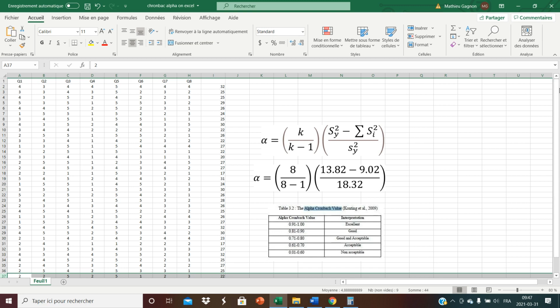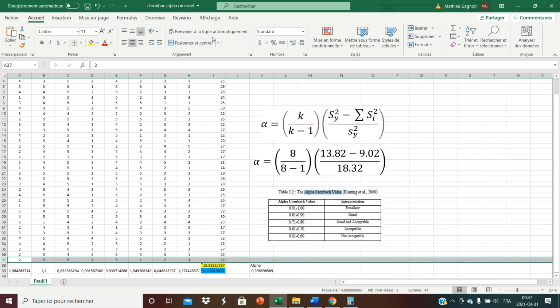And then I do the variance of that, of the total. That'll give me S square Y. Okay? And so the alpha is S square Y minus the sum of the variances of all items divided by S square Y again. So, how do I go about getting these things?